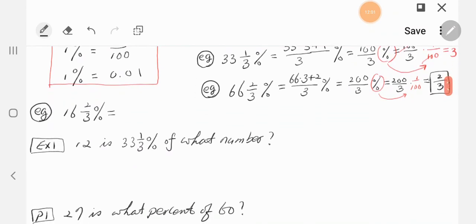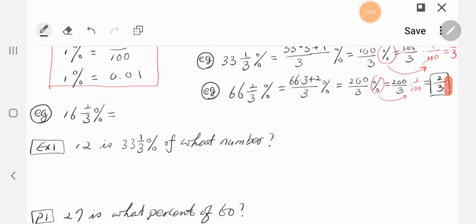All right, let's try another one. 16 and 2/3%. So the numerator is 16 times 3 plus 2 over 3%. Then the numerator is 50 over 3%.